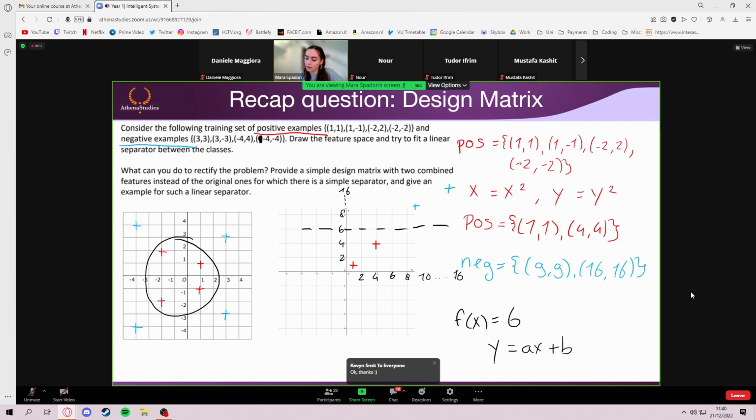But I think in the exam question, we will see how to work with it there. I think then it will become a lot clearer. But just remember, if you cannot fit a linear separator, we have to either define the values or we have to define a linear separator that fits. Okay. Yeah, I've never really thought about it before. Sorry, I don't know why.